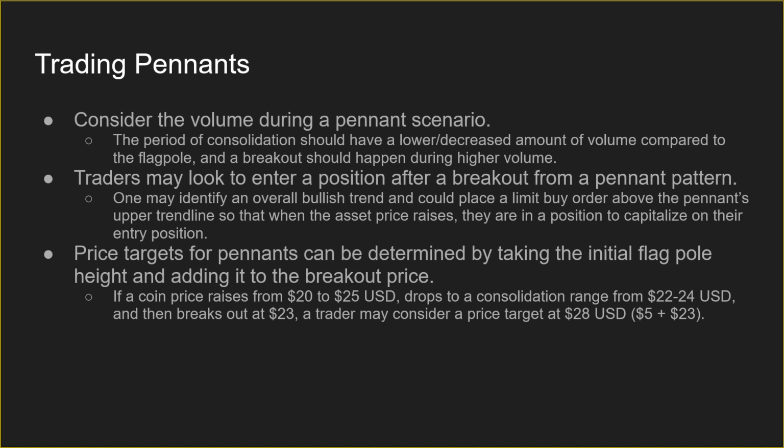A trader may consider a price target at $28, which is the addition of the initial flagpole height to the breakout point. So 25 minus 20, $5. We're adding that to the breakout level. We're looking for a $5 increase.